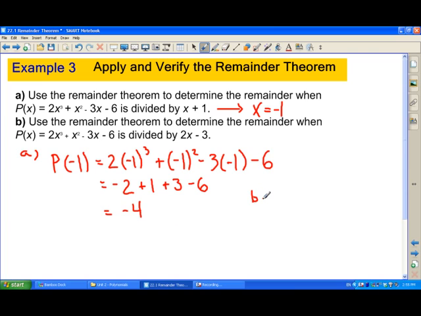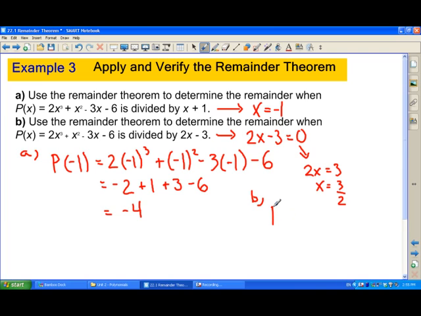Part B, which I said I'm not going to do, but I would set up, because I have this slightly different divisor, I could rearrange this so that 2x equals 3 and that x equals 3 halves.